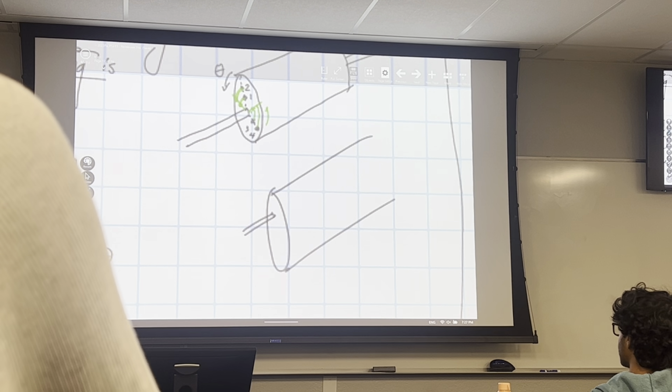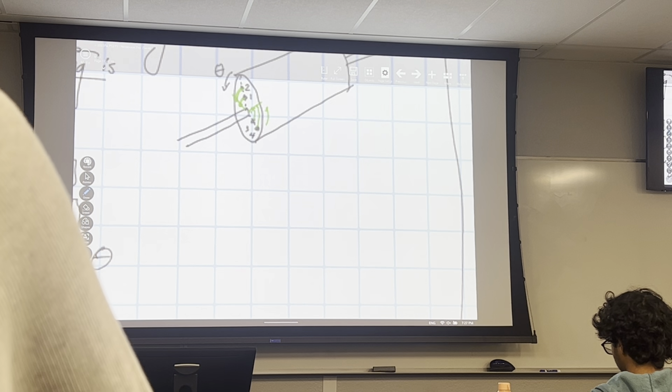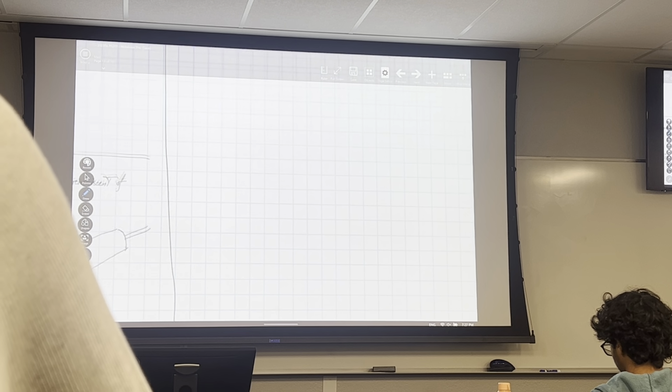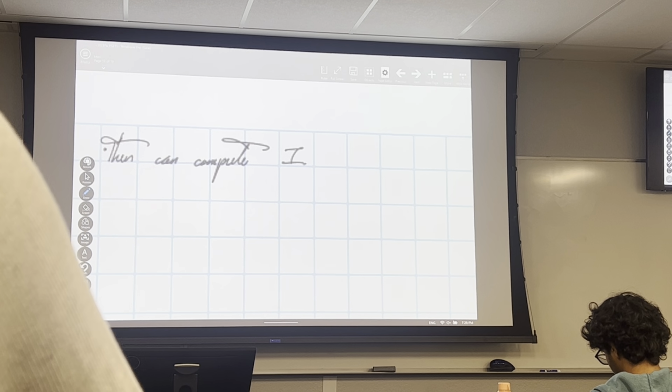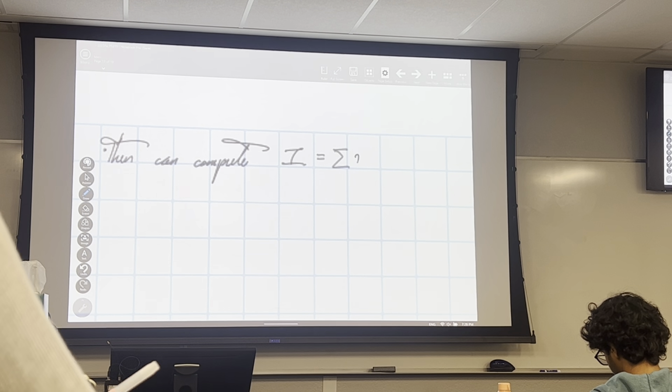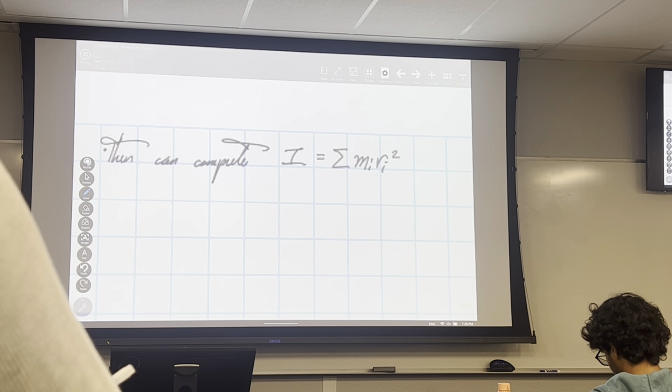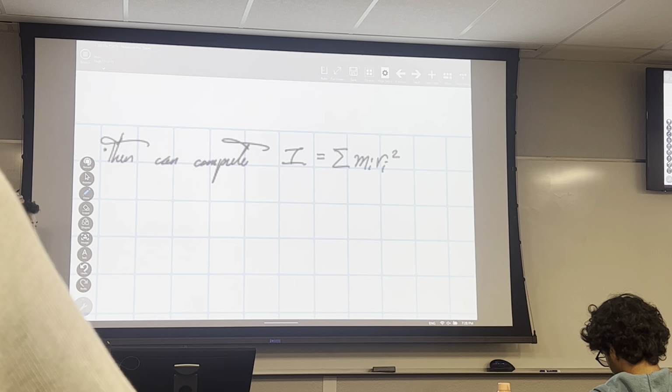And so you can actually force different objects to rotate wherever you wish. But then I was equal to this expression.